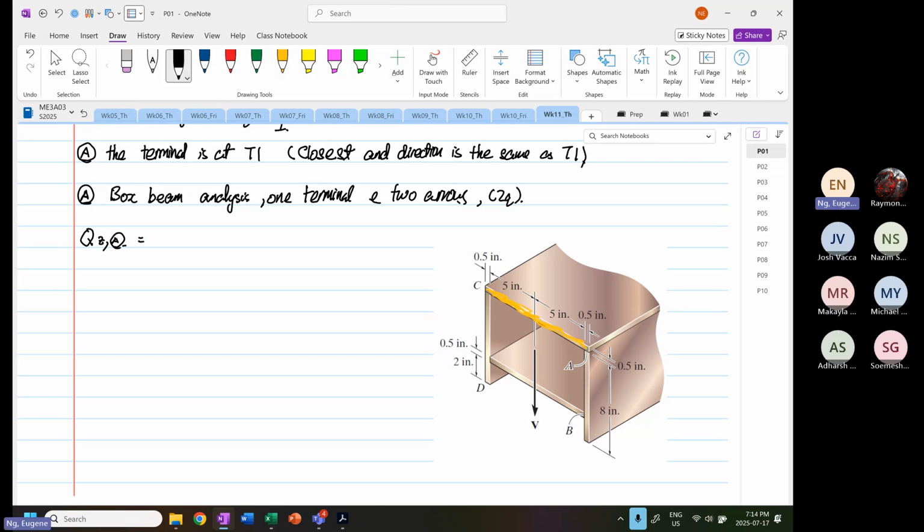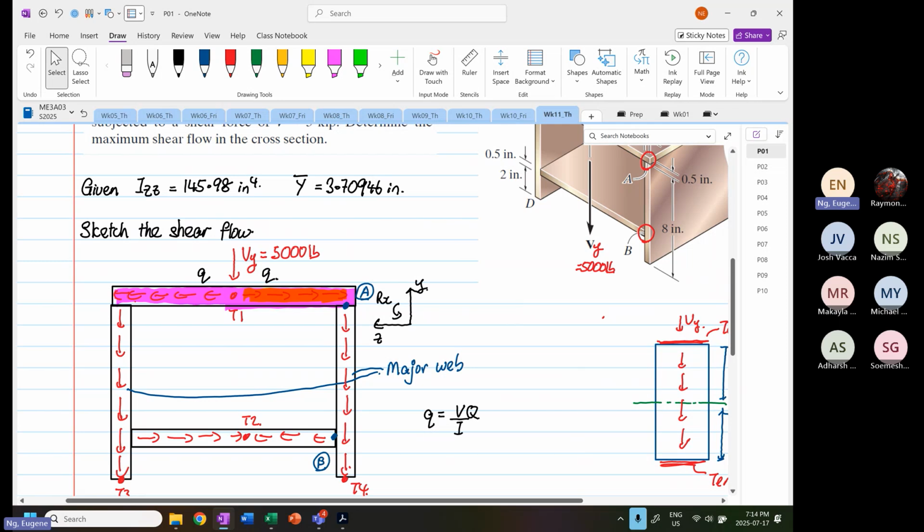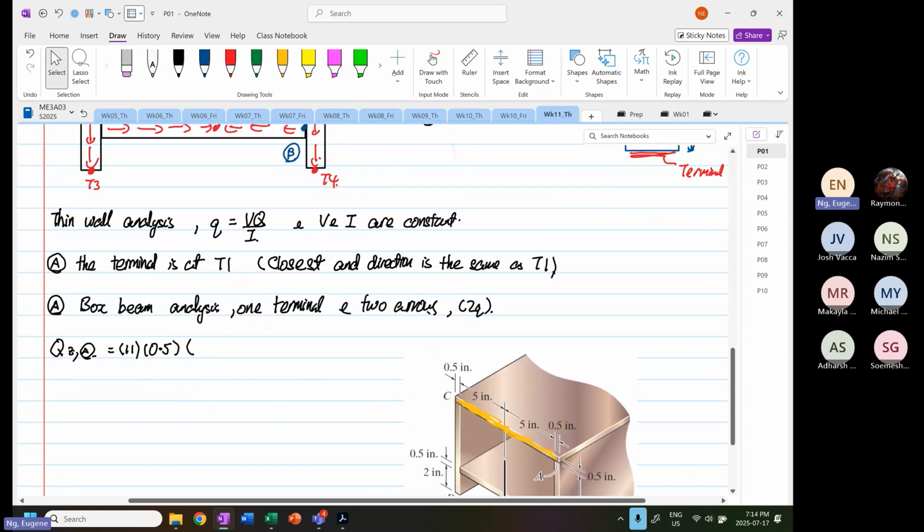So we know the width. The width is 5, 10, 0.5, 0.5. The width is 11. The depth is 0.5. And the y bar is equal to, we are given the centroid from the top is 3.70946.